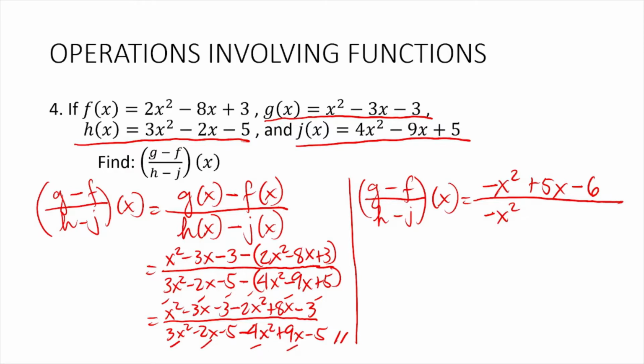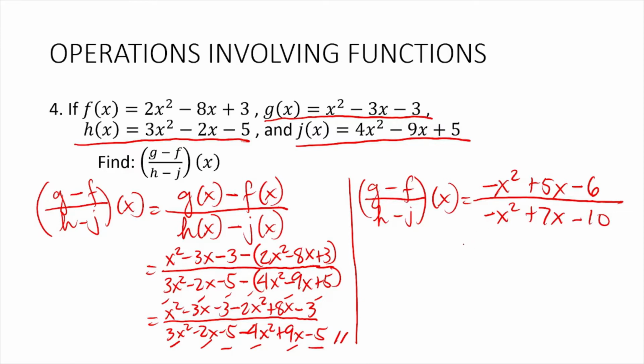So negative 2x plus 9x. That's positive 7x or plus 7x, right? And then negative 5 minus 5, so that's minus 10. Okay. And then we simplify by factoring and canceling out common factors.